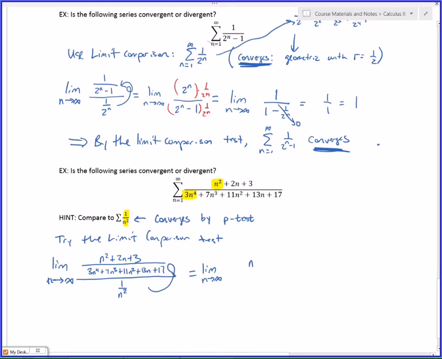So yeah, just multiply by the reciprocal, that is, 1 over n squared becomes n squared over 1. You get n to the fourth plus 2n cubed plus 3n squared divided by 3n to the fourth plus 7n cubed plus 11n squared plus 13n plus 17.